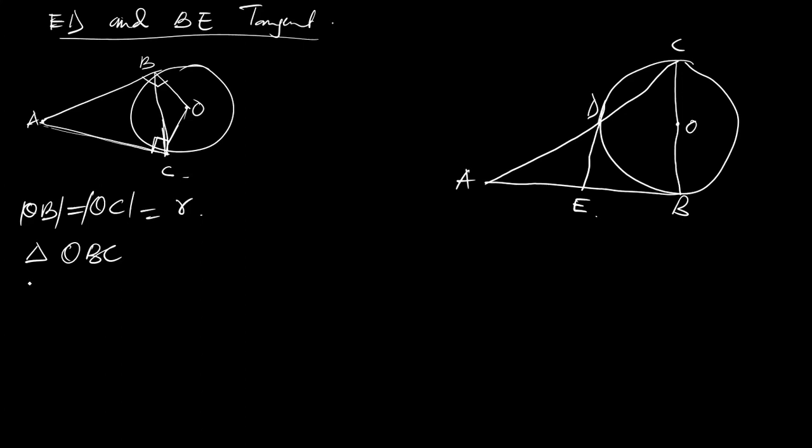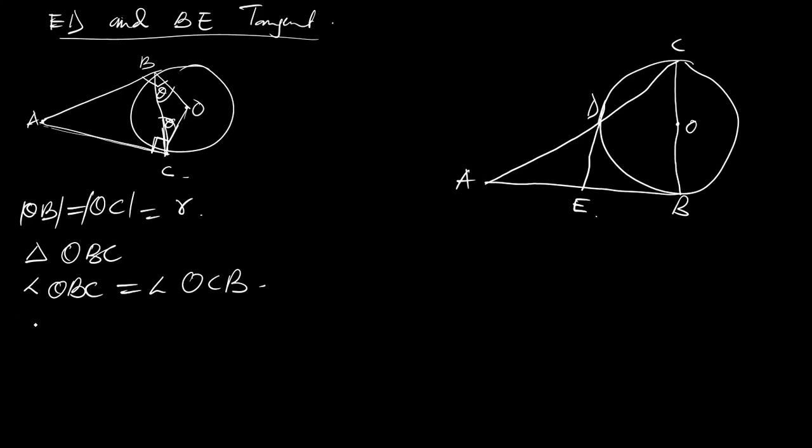If it's an isosceles triangle, it means that angle OBC is equal to angle OCB, and if those angles are equal, let's say this angle is theta.